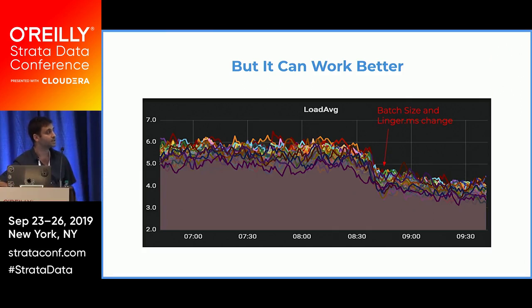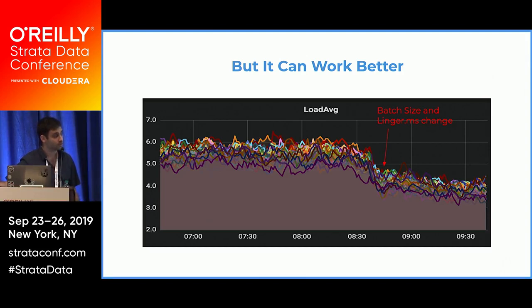Two settings: one is the batch size and one is the linger MS. Batch size is the amount of data that we allow the producer to send to the brokers. And linger MS is the amount of time we allow the producer to accumulate this data and send it to the broker.